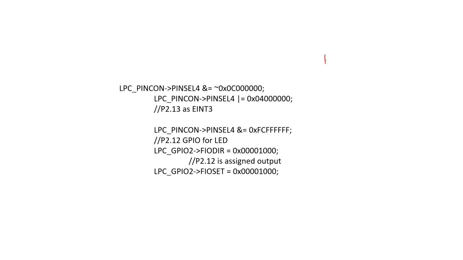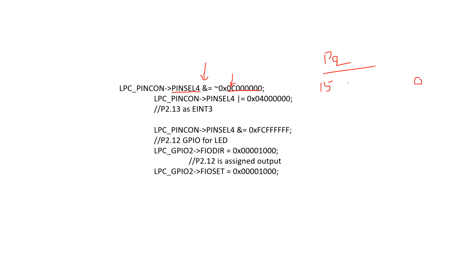When we are using the second port, the 12th and 13th pins fall under the category of PINSEL4. If I want to enable it, I should AND it with a particular number. We know how to write PINSEL4. It starts from 15 and ends at 0.